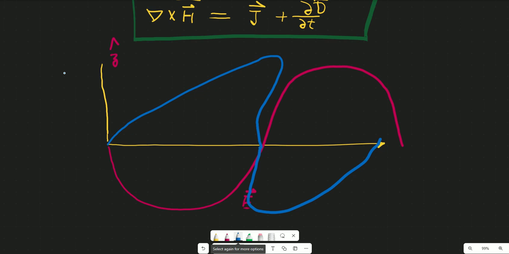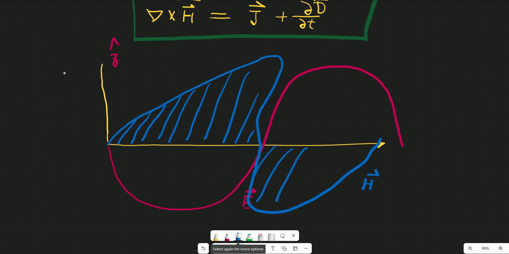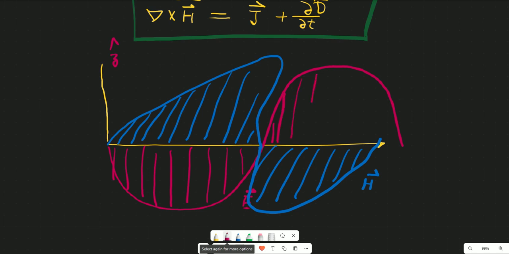This is magnetic field. So the electric field and the magnetic field, they are in the same phase.